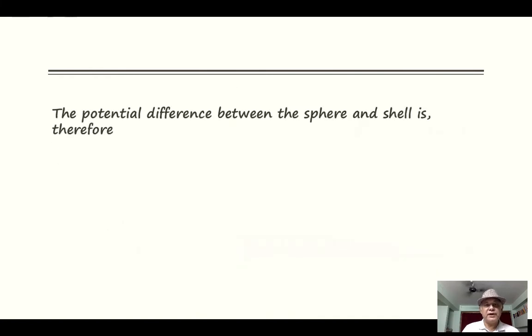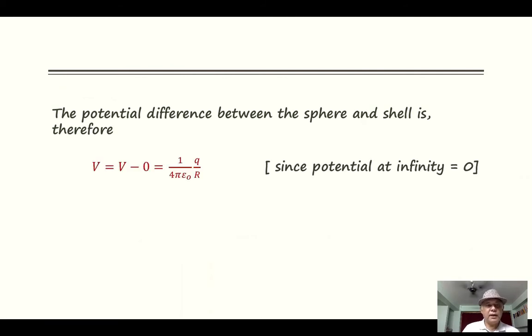The potential difference between the sphere and the shell is, therefore, V equal to V minus 0, since the potential at infinity is equal to 0, which is equal to 1 by 4 pi epsilon naught Q by R. Therefore, the capacitance of the sphere is C equal to Q by V equal to 4 pi epsilon naught R.